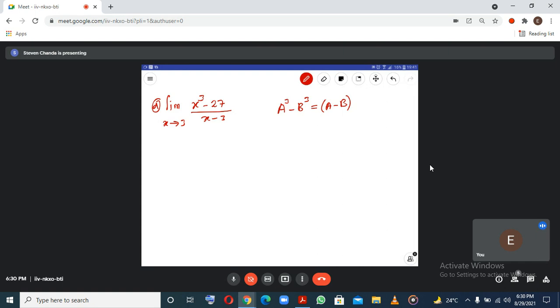But this is very helpful when you want to quickly find it. But of course, you can also use the polynomials to find what these things are going to be after you've factored the denominator, because here x is 3.